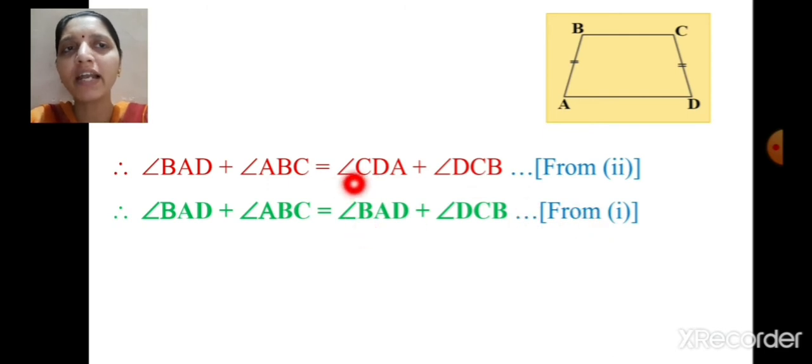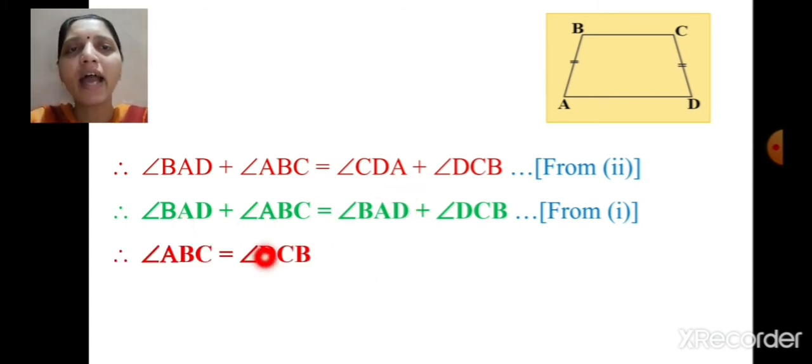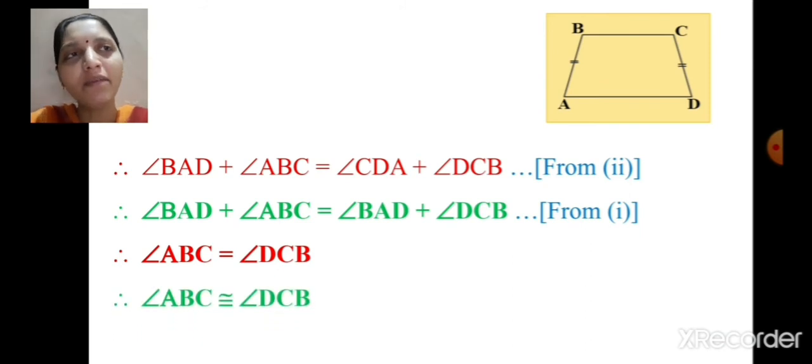Now angle BAD are common, and they are on either side of the equal to sign, so we can cancel them. So what are the remaining terms here? Angle ABC is equal to angle DCB. Hence we have proved that angle ABC is congruent to angle DCB.